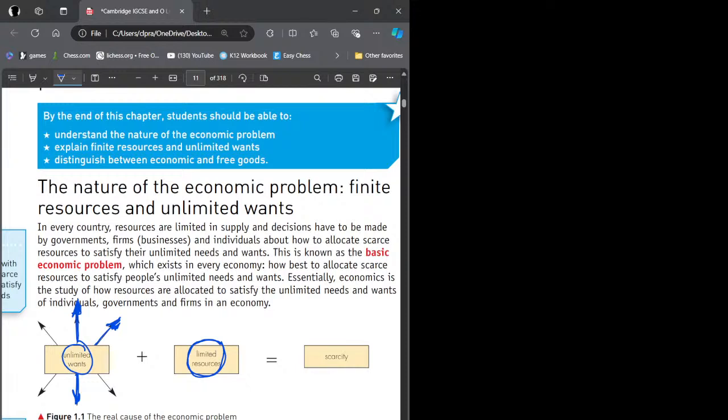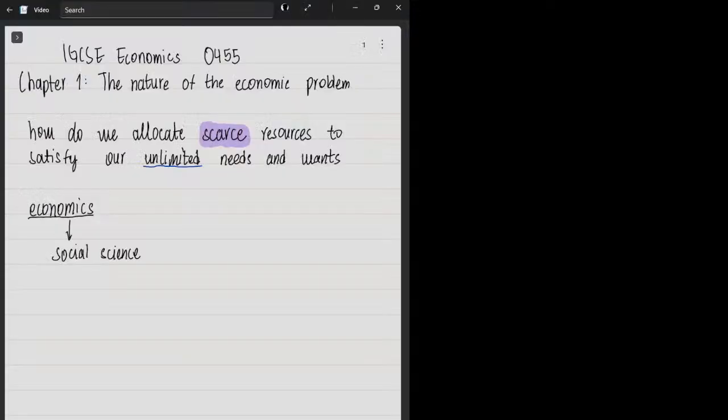And once you combine both of them, that gives us scarcity. Okay, so this is also basically called scarcity. Having scarce resources, that's what scarcity is. Or we can also, in layman's terms, call this shortage. But we'll look at shortage in detail when we look at market disequilibrium and all that.